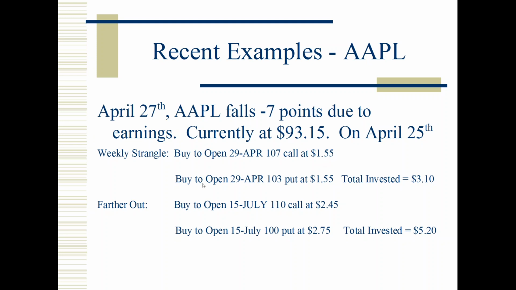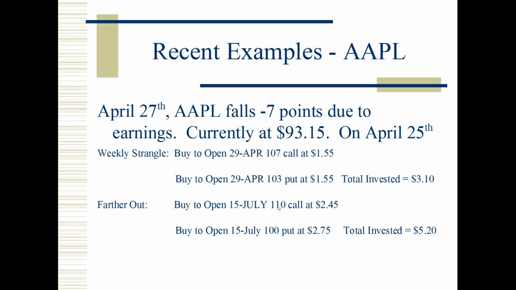We also could have bought a slightly out of the money put, the April 29th 103 for $155. So our total invested into the weekly strangle would have been $310. Now, if I did a farther out strangle for an earnings play, I might have gone to the July 15th series, but again, it didn't offer the dollar strike differences, so we had to use the 5 or 10 points.